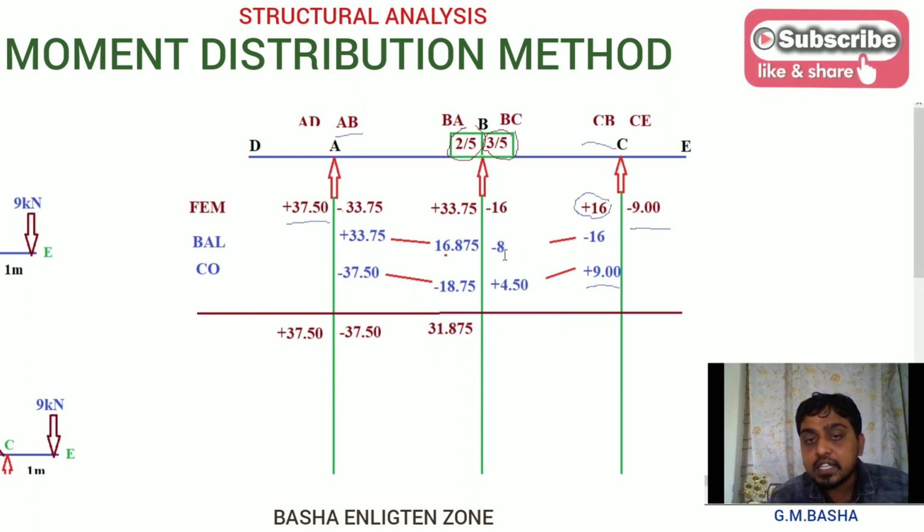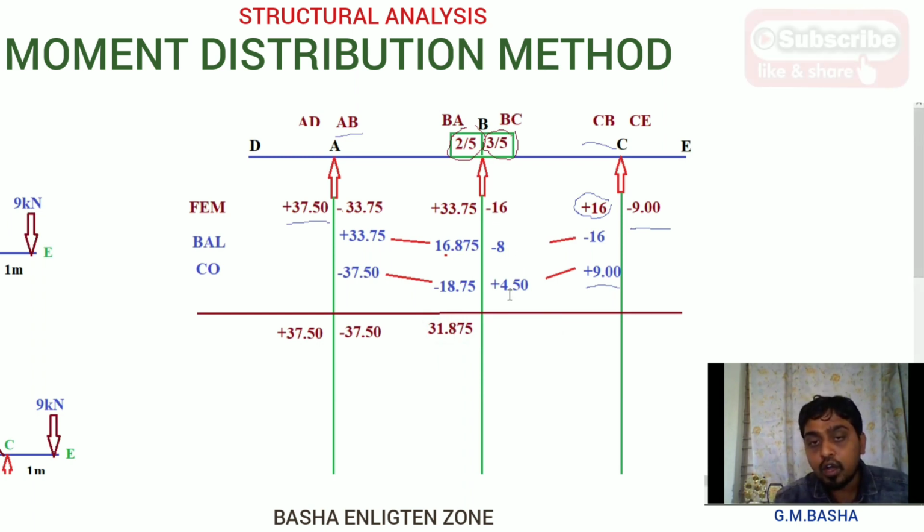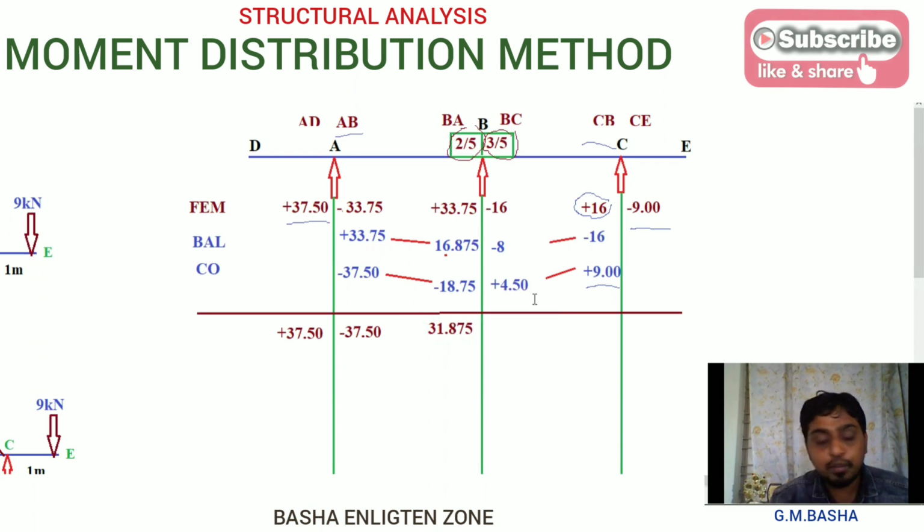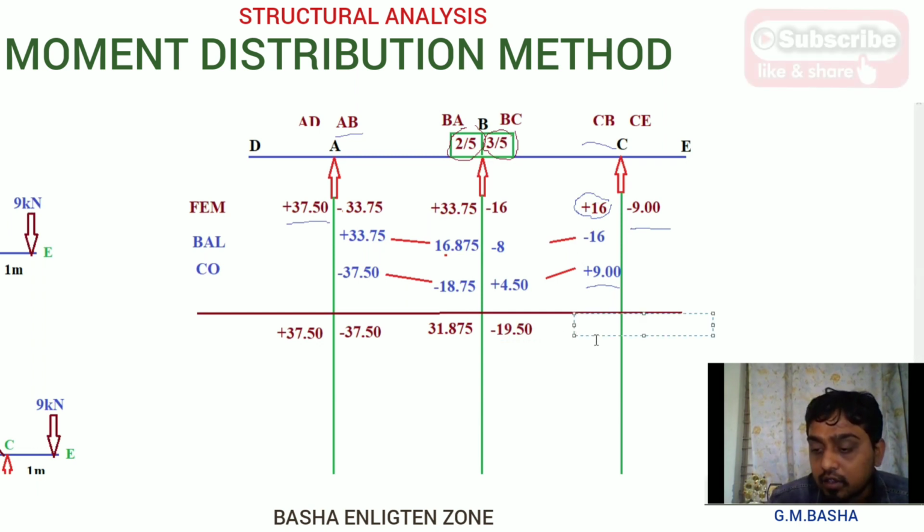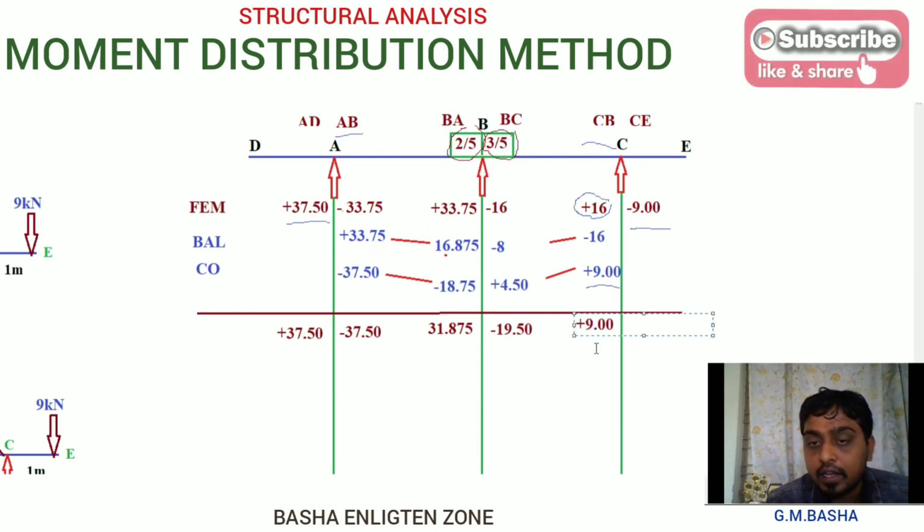Similarly, minus 16 minus 8 will be minus 24 and plus 4.50. If you simplify, you will get minus 19.50. So directly you will get the sum here, minus 19.50. Similarly, here it will be plus 16 minus 16, 0, again plus 9 remaining value, and here it will be minus 9.